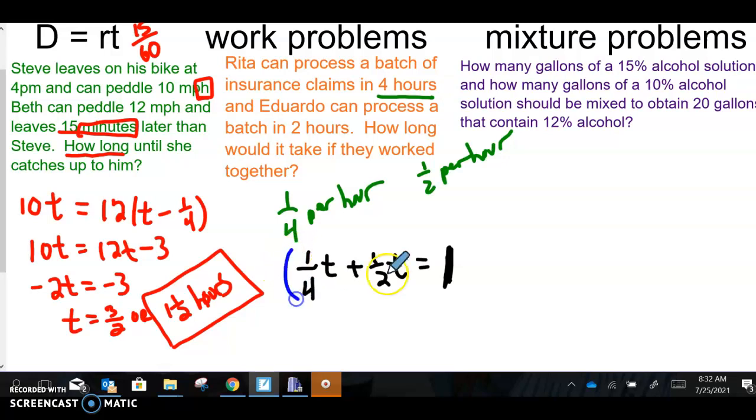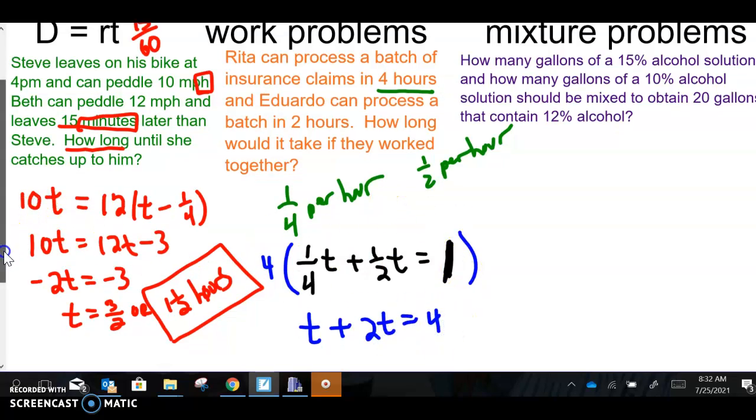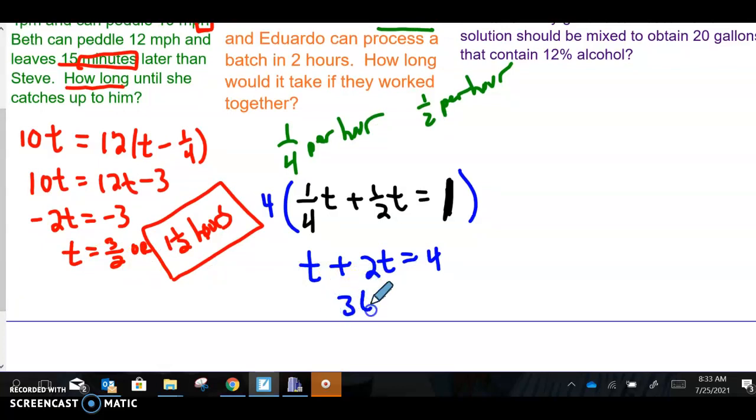Okay, I'm going to multiply everything by 4 to clear the denominators. 4 times a fourth is 1. 4 times a half is 2. 4 times 1 is 4. This gives me 3t equals 4. T equals 4/3.